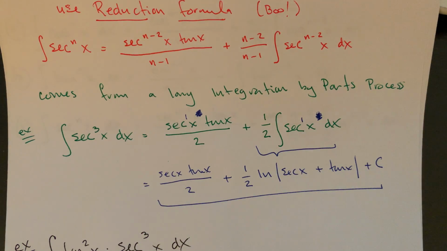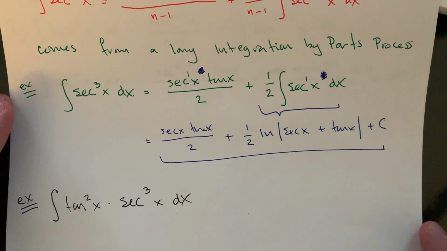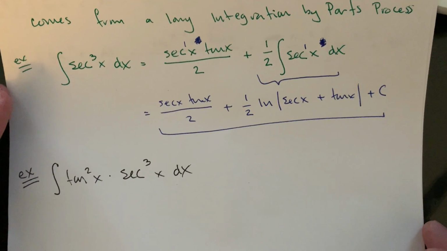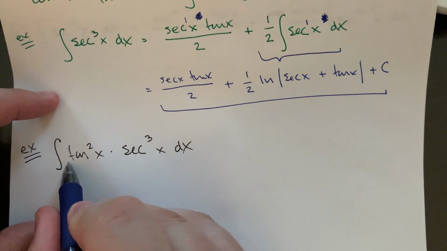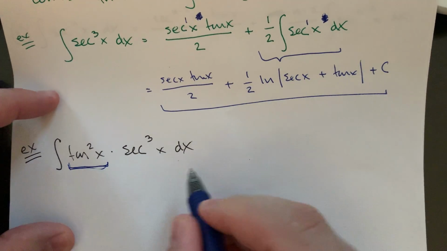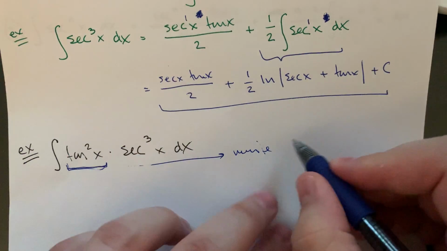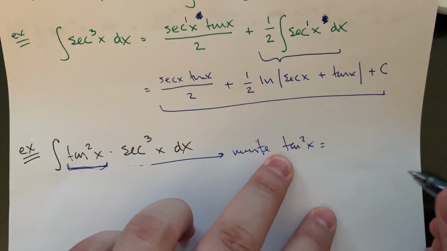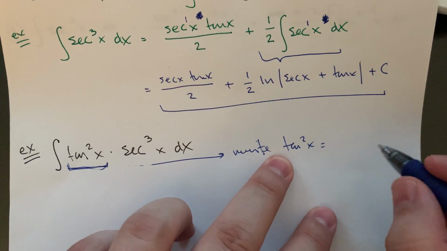So let's take this back to what we were originally talking about, which maybe would be something like tangent squared times secant cubed dx. The move here is pretty simply to take whatever your tangent power is and rewrite it. Tan squared of x should be secant squared x minus 1.